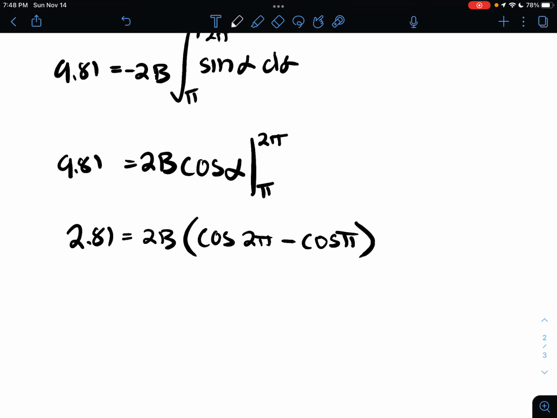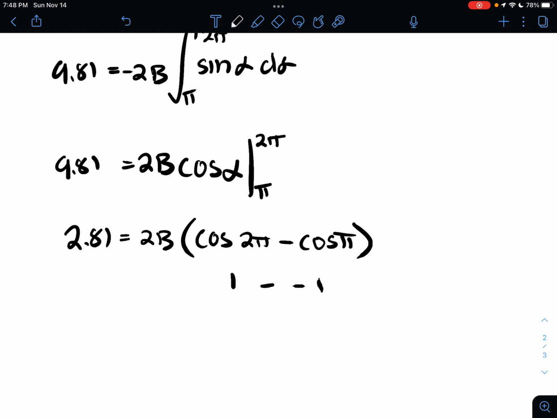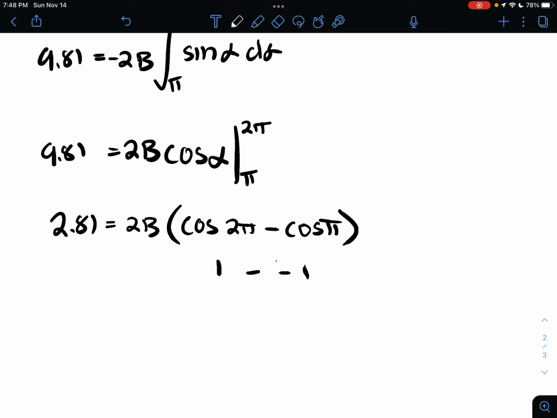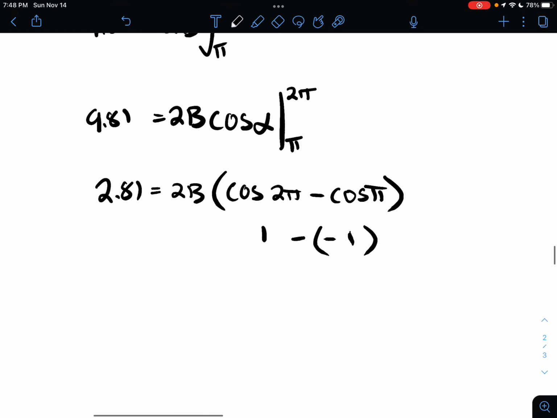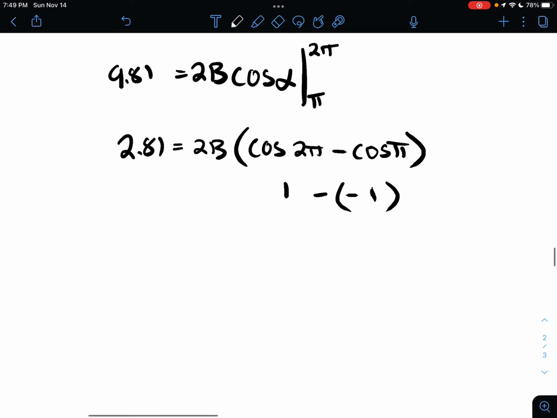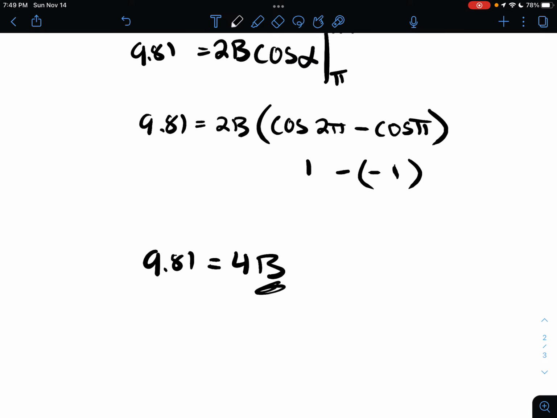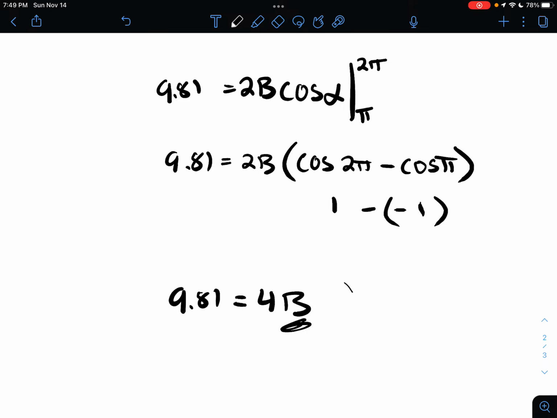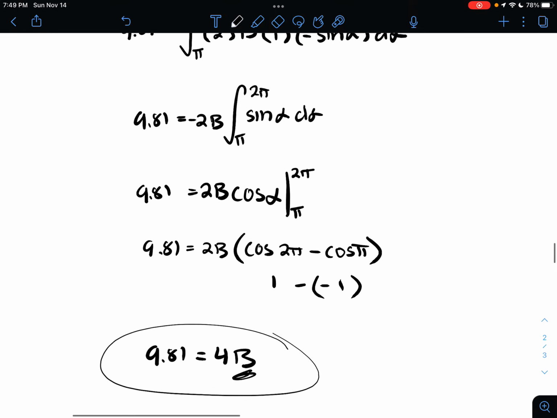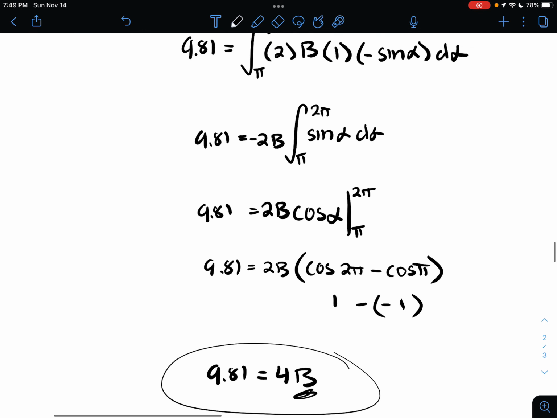Cosine of 2 pi is 1, and cosine of pi is negative 1. So that's 1 plus 1, 2, multiplied in, so 9.81 equals 4 times B, where B is the magnitude of the magnetic field. You just solve this out, and that gives you your answer in Teslas, because everything's still in base units.